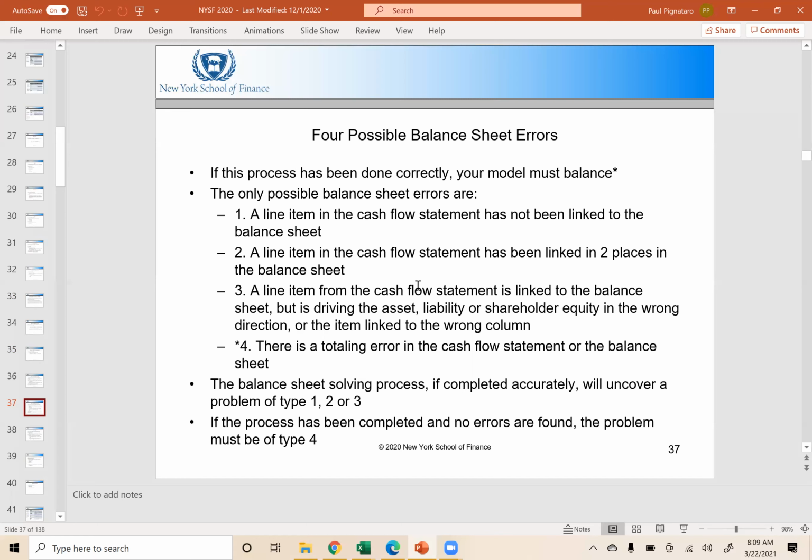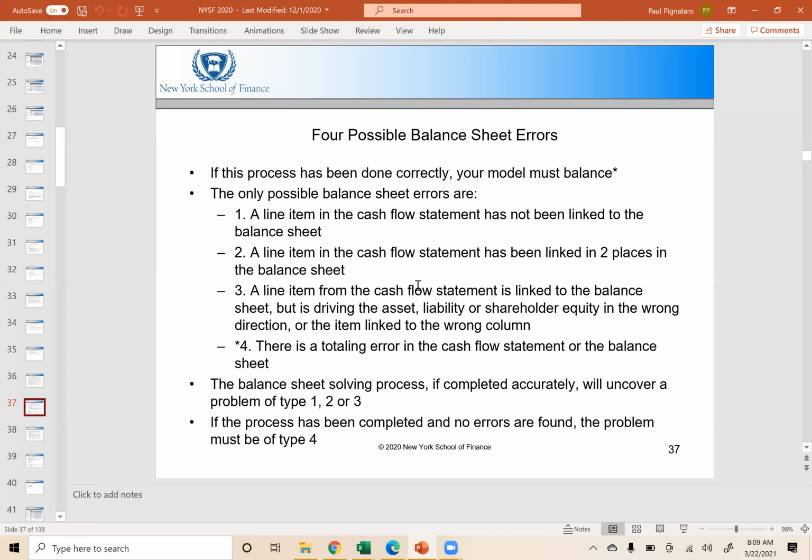You used it twice accidentally. That happens a lot. You see something like other assets, and you link it into other current assets, and then you link it into other long-term assets. So this is why you have to make sure you're marking off each cash flow statement line item as you use it. If you noticed in the last class, that's what I did. I highlighted it yellow.